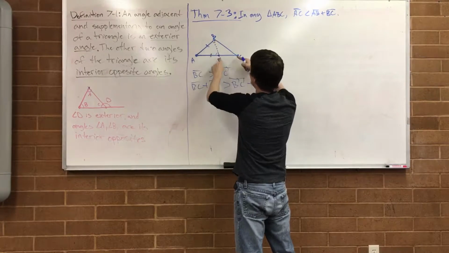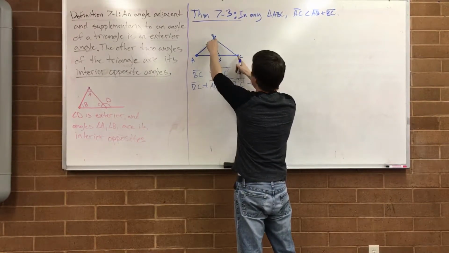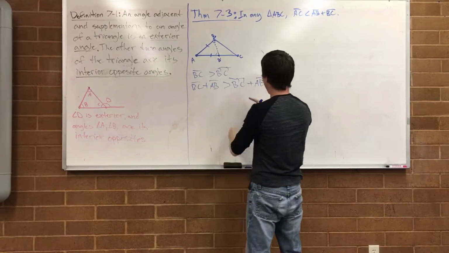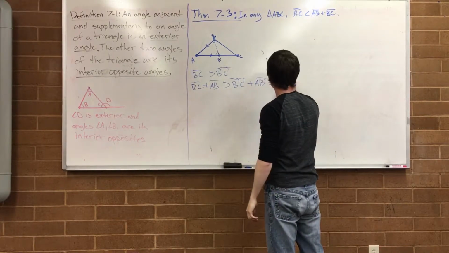So if this is greater than this, then this plus this is greater than this plus this. And this plus this is AC, right?